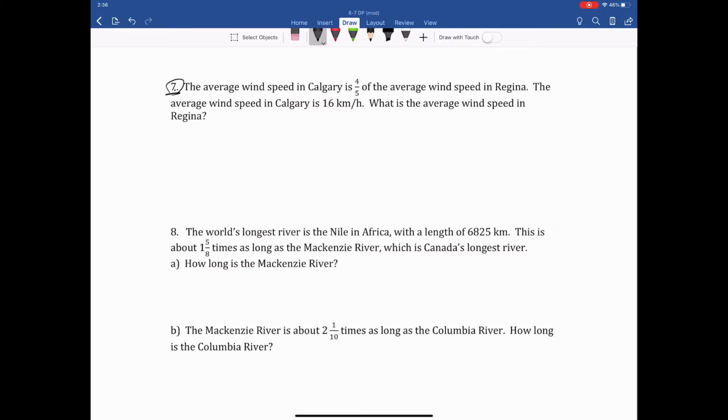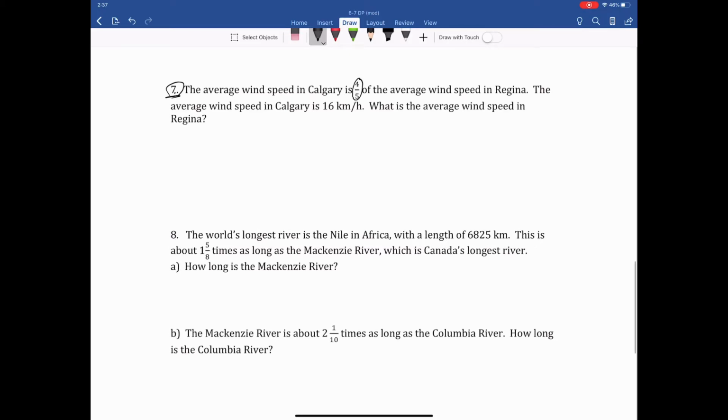When I say something is 4/5 of Regina, notice that this number is less than 1. 1 is the bigger number. So I can realize that Regina is the bigger one. So I'm just going to do a big R and a small c.